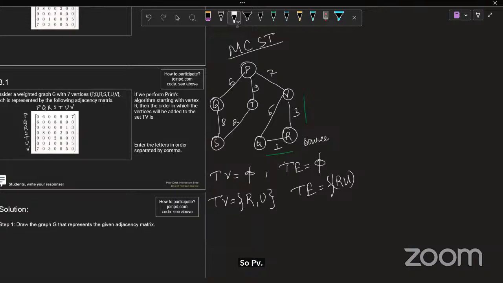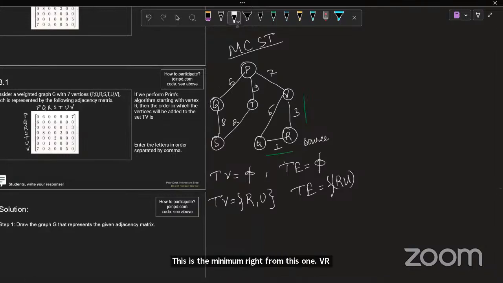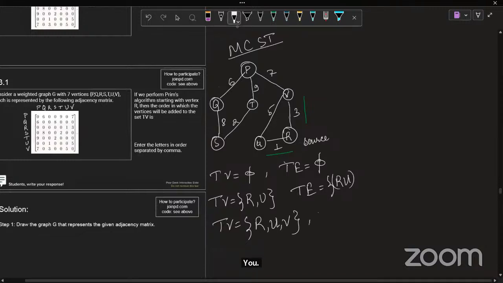V and R is minimum, so from R you will choose V and R. So TV is equal to R, U, V, and TE is equal to RU. Sir, shouldn't it be VP, because whatever you have written will make a cycle?